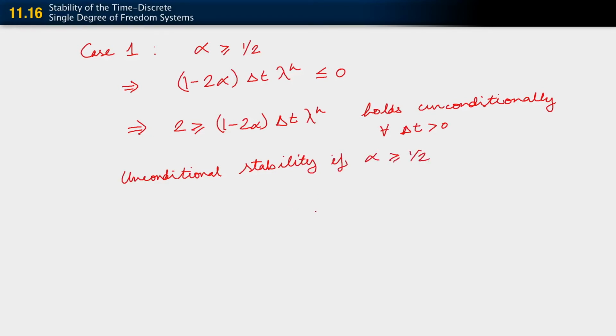Okay, so in particular, observe that alpha equals 1/2, which is the Crank-Nicolson method, or the midpoint rule, as I sometimes call it, as a lot of other people call it, or even alpha equals 1, which is backward Euler.